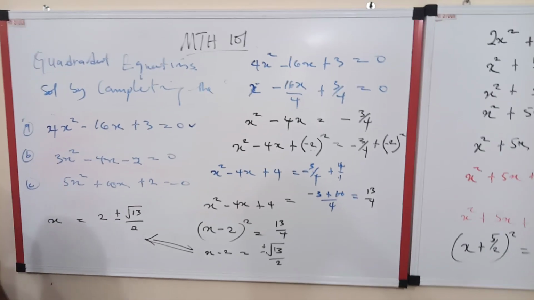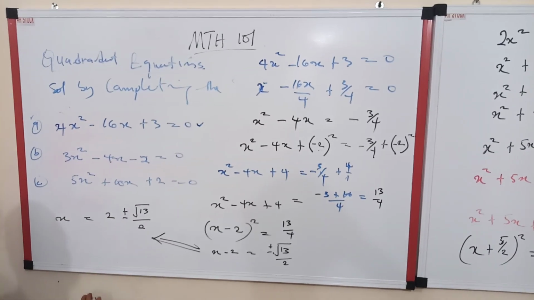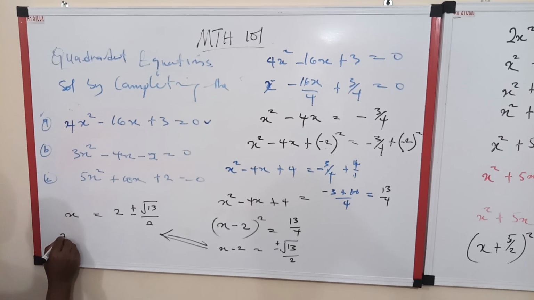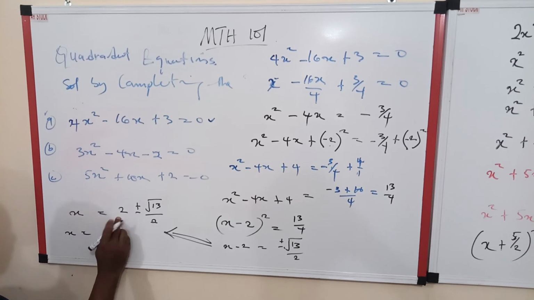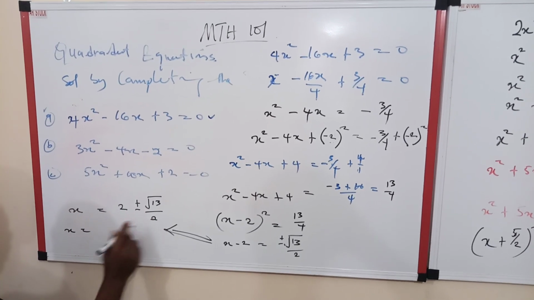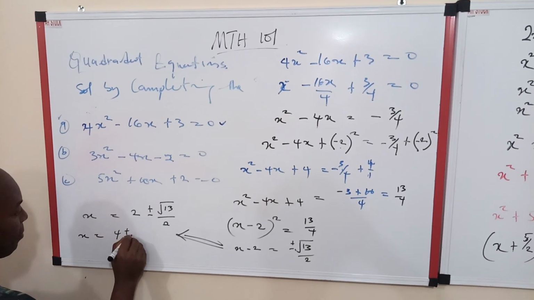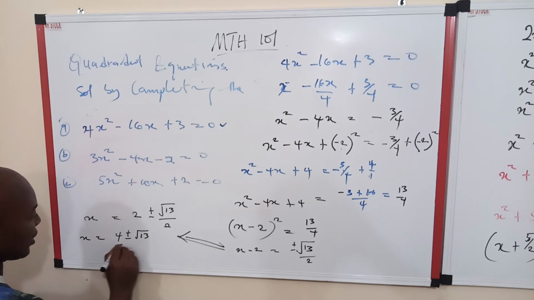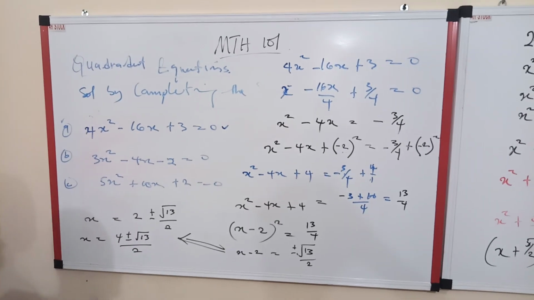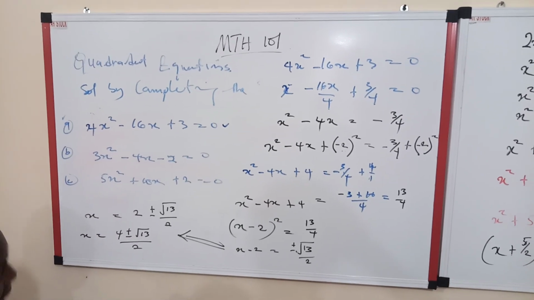Now this one is also okay. You can leave it like that, or you can tidy it further by writing x is equal to, taking the LCM, which is 2, so here we will make it 4 plus or minus the square root of 13, everything over 2.